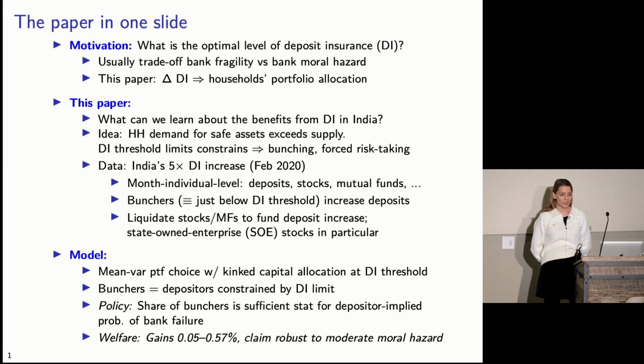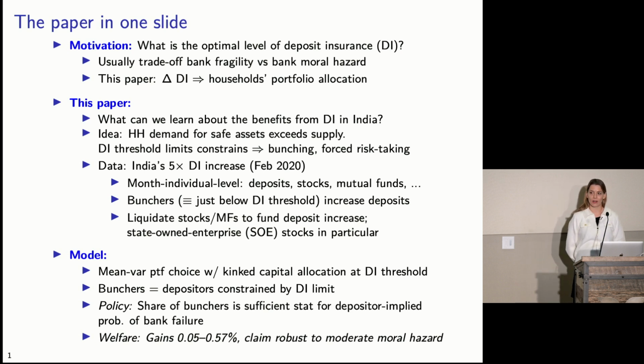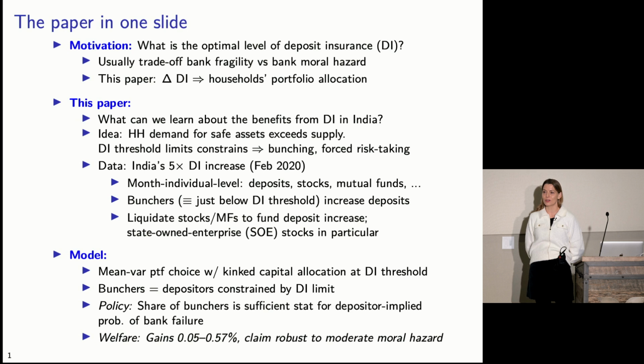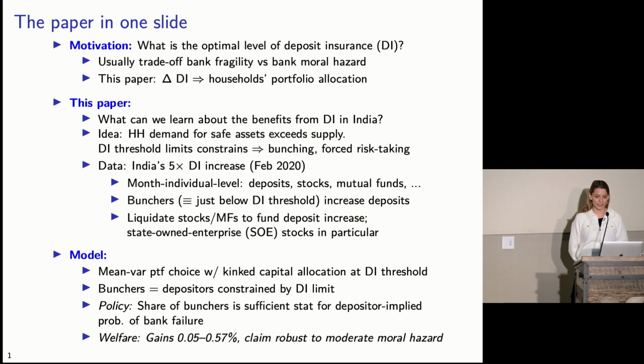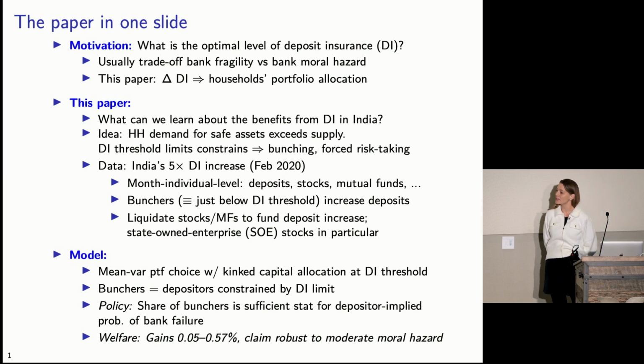And the paper exploits really wonderful data around a natural experiment where India increased the deposit insurance limit by 5 times in February 2020. And they have monthly individual level deposit stocks, mutual funds data, tons of details on household demographics and also location.